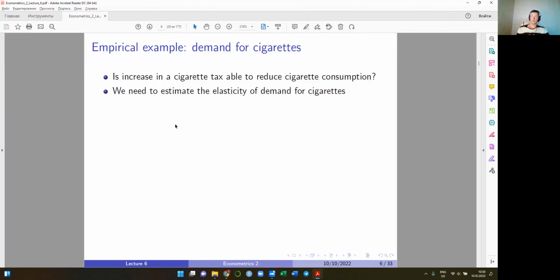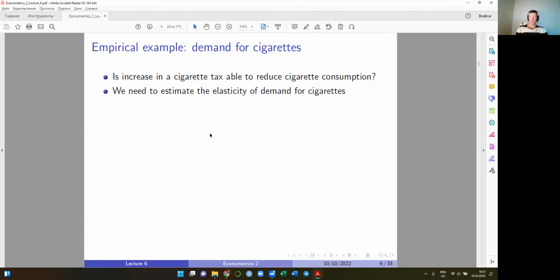So definitely we need to estimate the demand for cigarettes, the elasticity of demand for cigarettes, to claim then that if we increase price by 10%, demand for cigarettes would drop by 30%, let's say. Like yes, log. You remember correctly. So we are able to do that only when we apply the log function.